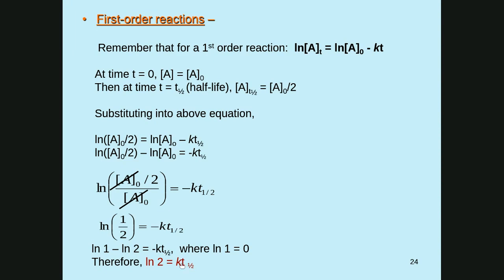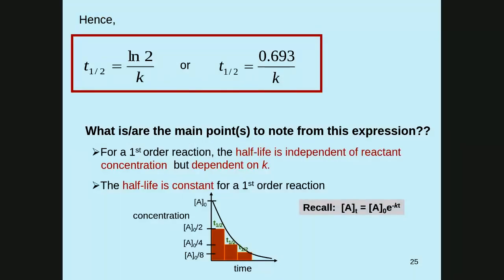Then you divide both sides of the equation by the rate constant, and you end up with this relation between half-life and rate constant, which is a one-to-one correspondence between the two. Once you know T1 half, you can calculate k, and vice versa.